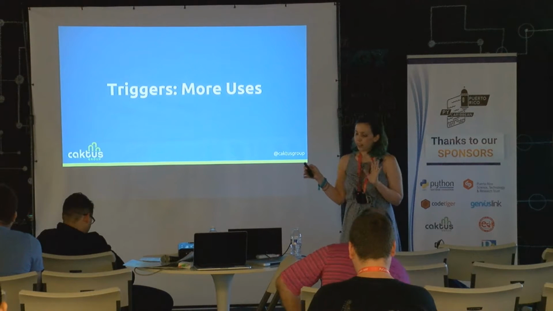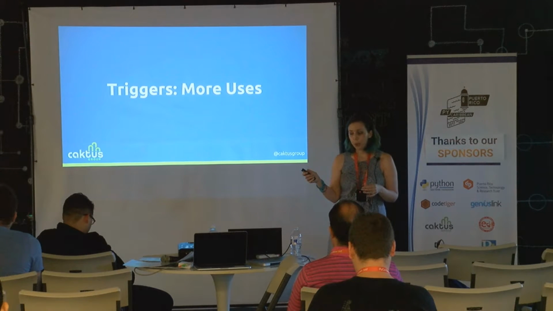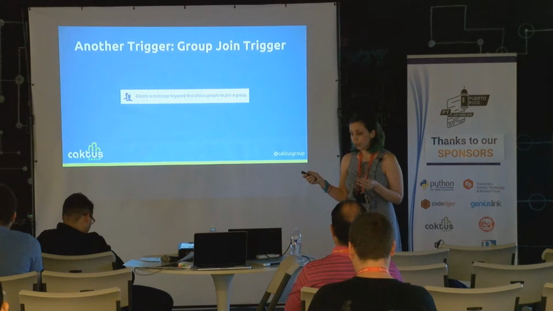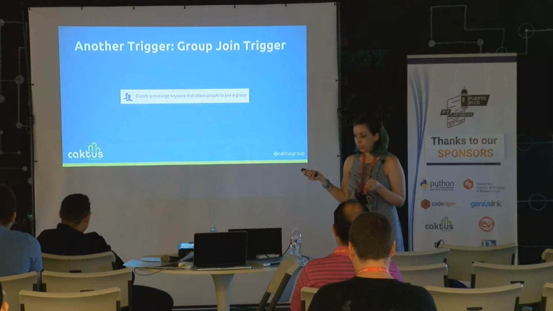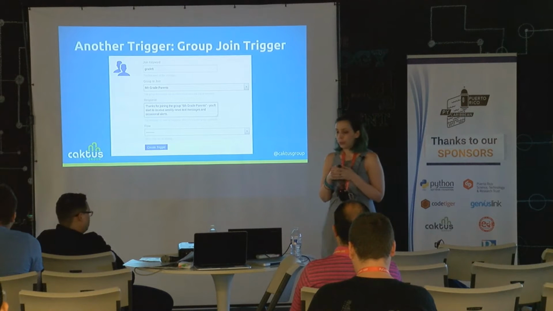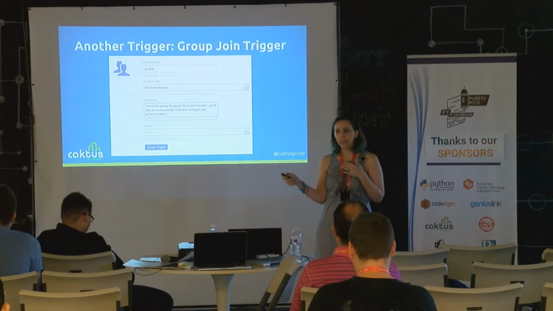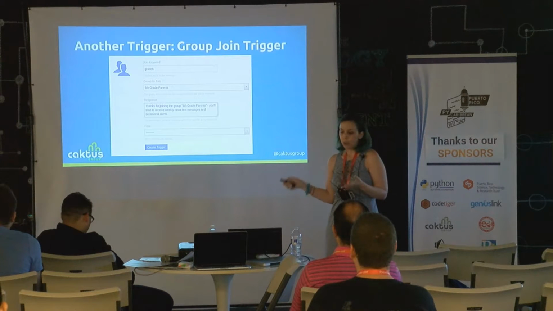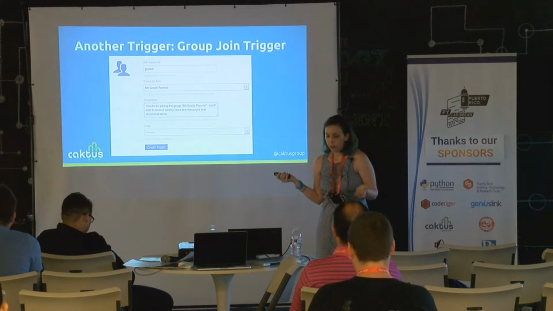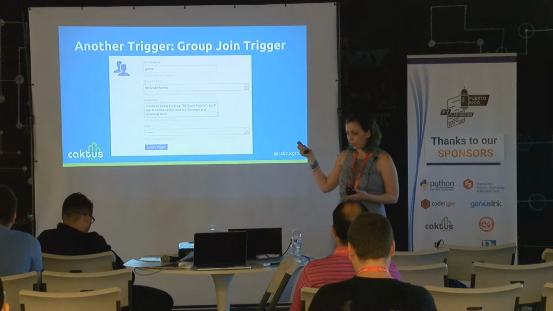A quick aside, there are about 7 different triggers available in RapidPro. I find 3 of them really useful. I like the group join trigger. Let's say you are a teacher and you want the parents of your students to be able to sign up for text blasts, but you don't want to collect all of their phone numbers. You can create this trigger that has the join keyword.